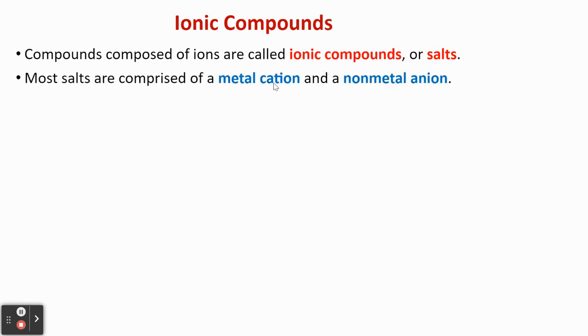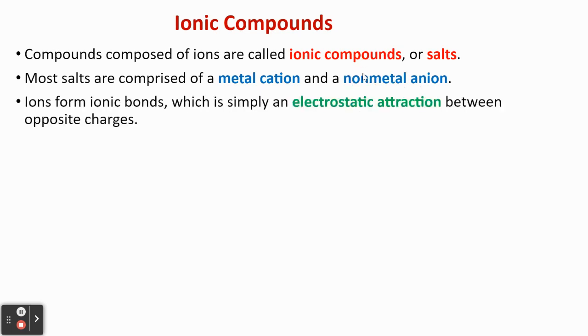They contain a metal cation, or a positive ion that was formed from a metal atom, combined with a non-metal anion, or a negative ion that was formed from a non-metal. The ions form the ionic bonds, and the attraction between the positive and the negative ions is what holds those ions together in an ionic bond.